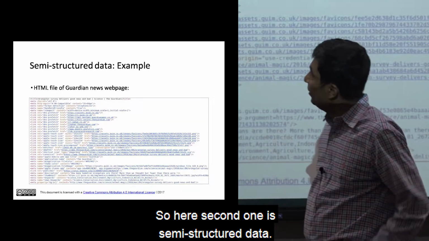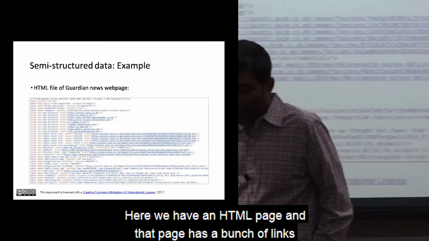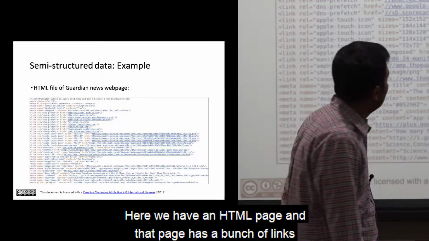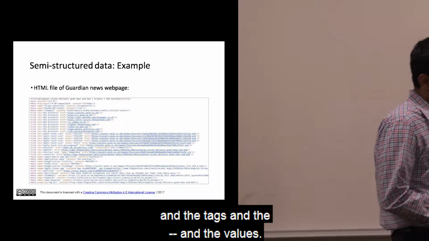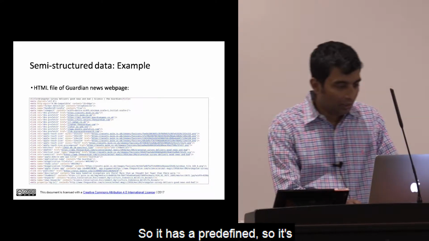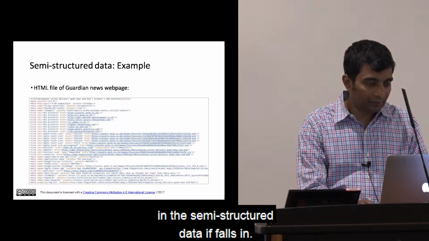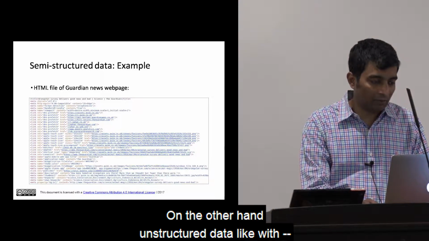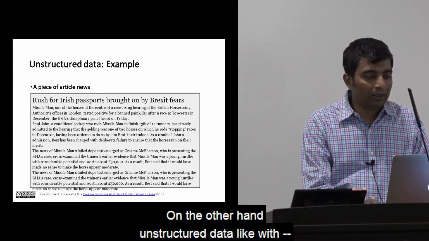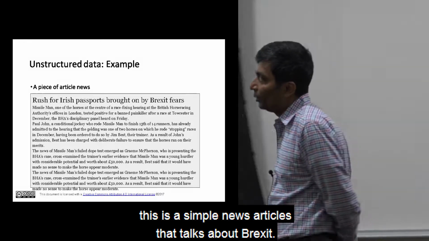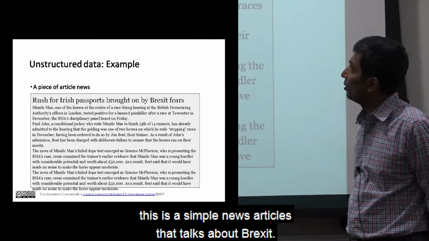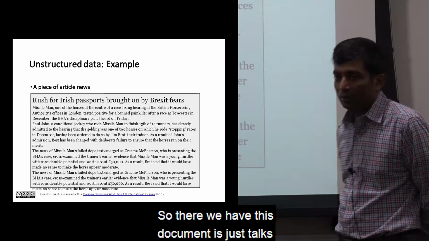Here, the second one is semi-structured data. Here we have an HTML page, and that page has a bunch of links, tags, and values. It has a predefined structure, so it falls into the semi-structured category. On the other hand, unstructured data is like this simple news article that talks about Brexit.